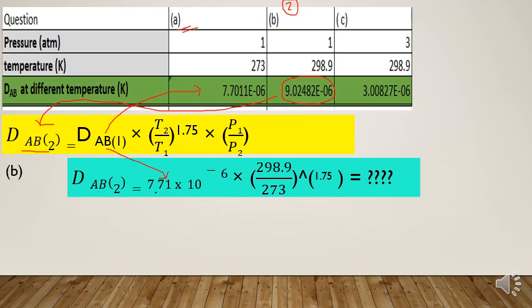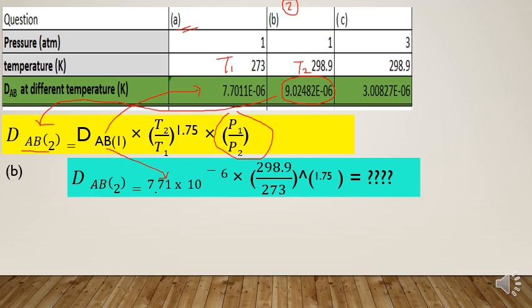And for the temperature, in question B the T2 is here, and this is my T1. For pressure, I didn't include it. Why didn't I include this term in my equation?